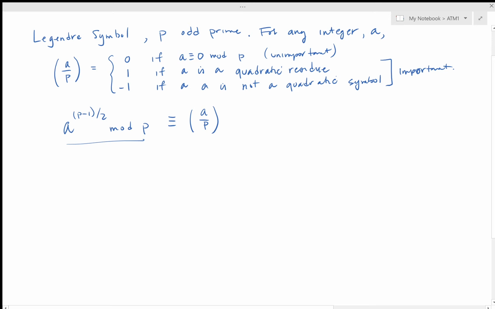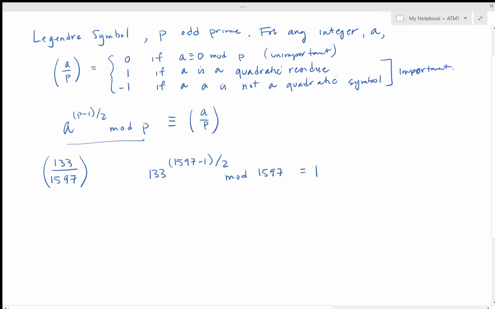Here's an example. What is the value of the Legendre symbol when A is 133 and the prime is 1597? We could do that by modular exponentiation: 133 to the (1597 minus 1) divided by 2, mod 1597. You do that calculation and you find out that it is 1.